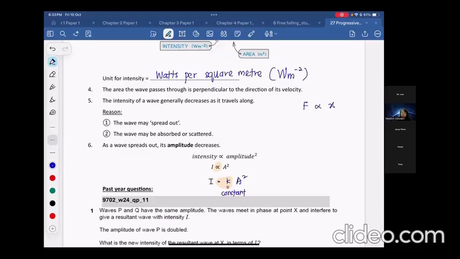Your force increases, your extension will increase. Then at the end we get Hooke's law, F equals Kx, where we add a spring constant, a constant value. Right now the idea is the same. I is directly proportional to the amplitude square, so we can give some constant number to make it I equals constant times A square.